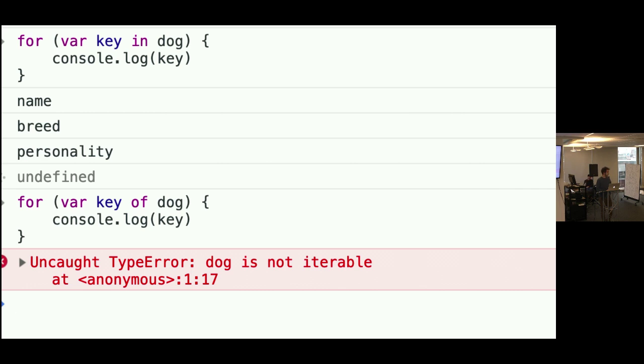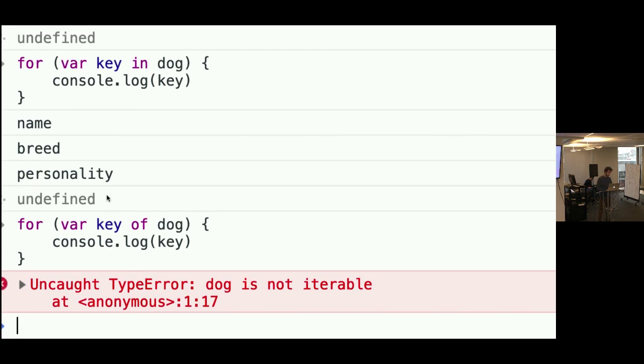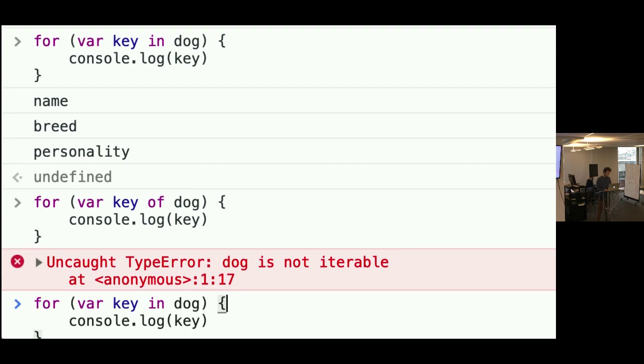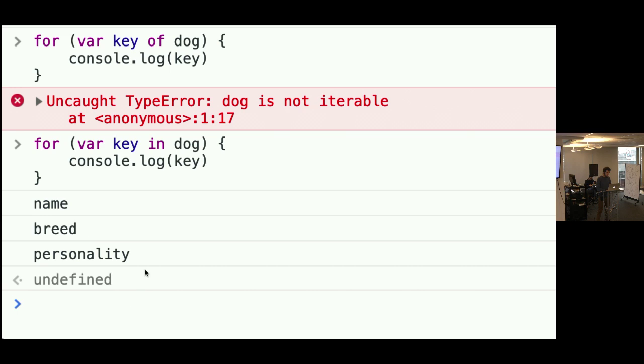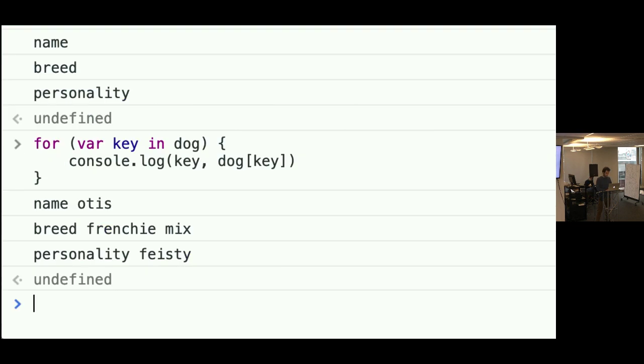Yes? So when you do that, does it automatically assign? Right, yeah. When you do this, it will automatically assign in here key to each one of the keys. If I wanted to grab the particular value, I could go dog[key].